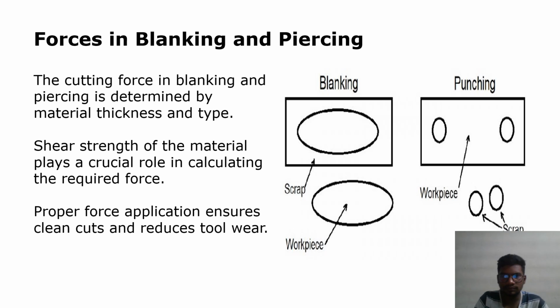Proper force application ensures clean cuts and reduces tool wear. You can see the blanking and punching in the right side in the figure. Blanking, and this is a scrap, this is a workpiece after the cutting in the machine.